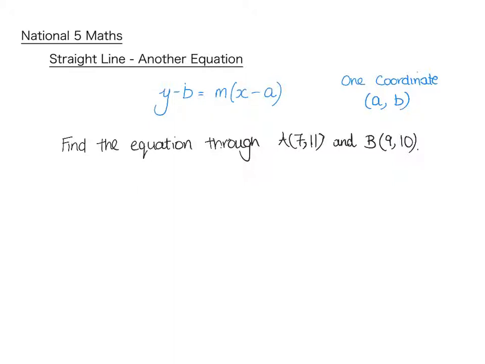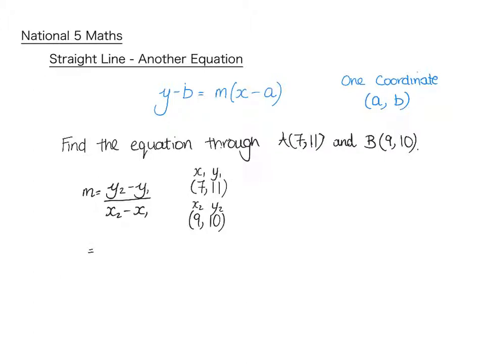Right, so when we're doing the equation of a straight line, our first step is always the same, and it is finding m using our gradient equation, which is m is equal to y2 minus y1 all over x2 minus x1. So we've got 7 and 11, which will make x1 and y1, and then 9 and 10, which we'll call x2 and y2.